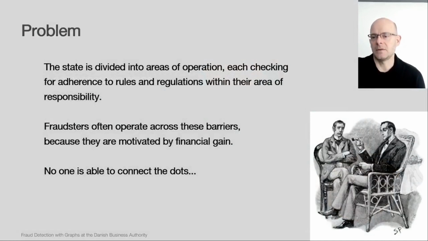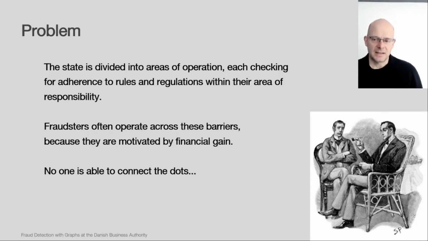Now, the problem of doing fraud detection within a state is that the way a government is distributed among different ministries and boards, you have a situation where it's naturally designed to be data silos across the government.